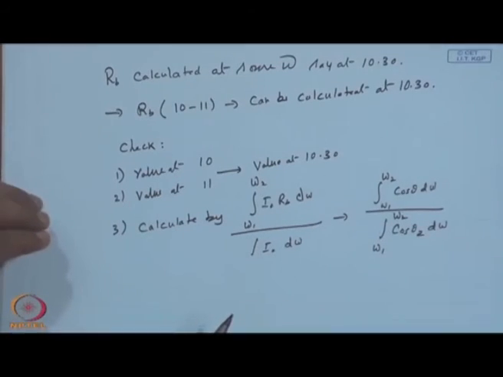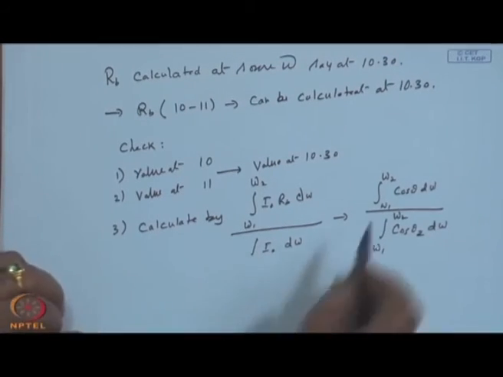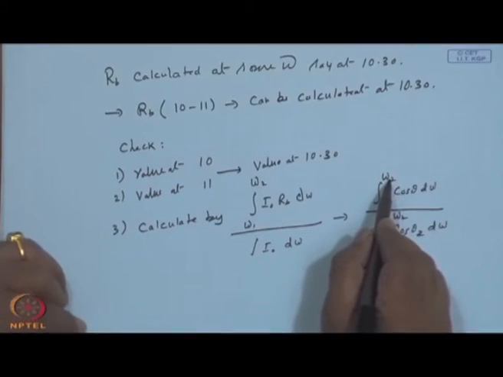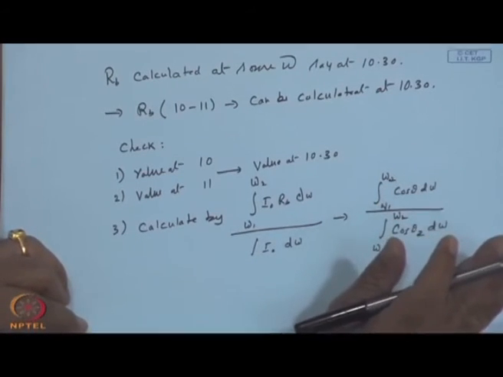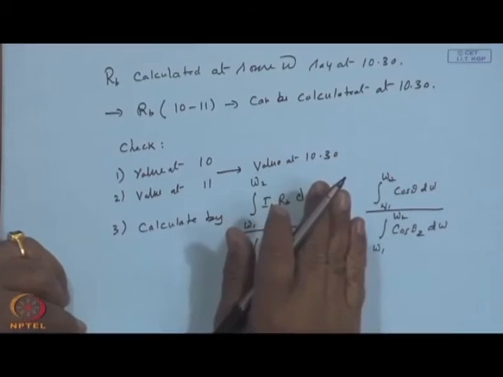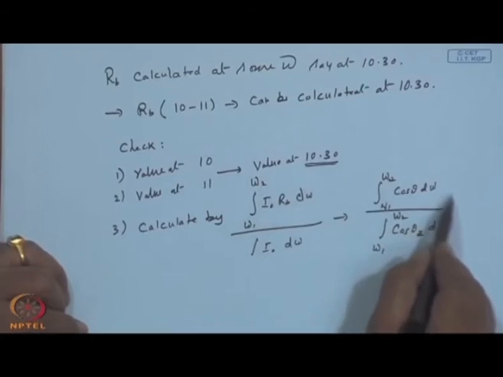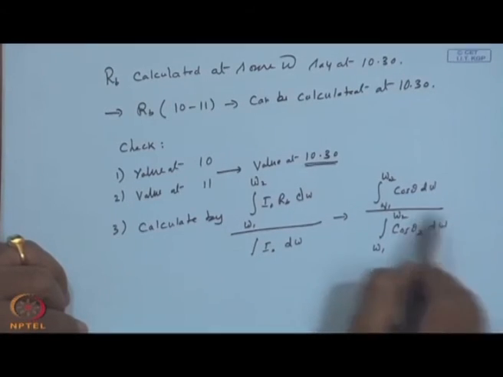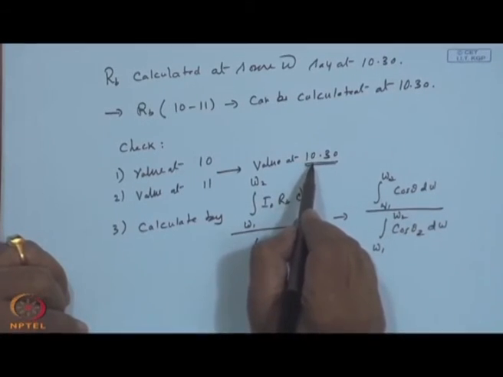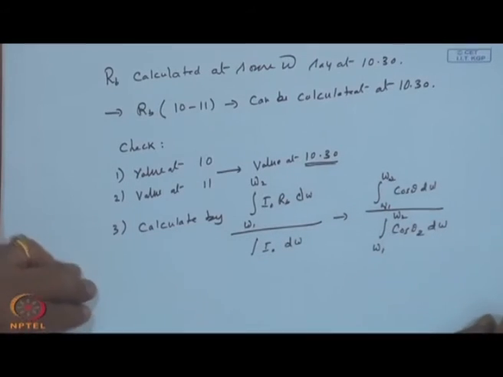Like for a day, if I do for an hour in the interval omega 1 to omega 2, I will get the weighted averaged RB factor, and we would like to compare what will be the difference between this weighted average and the value at the midpoint of the hour, right.